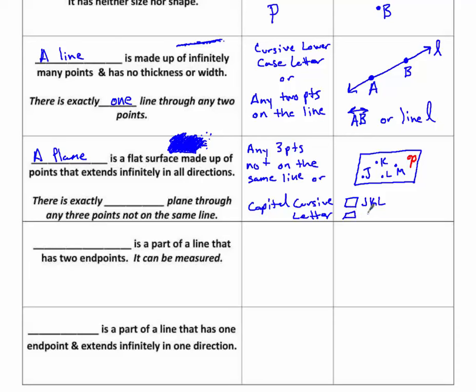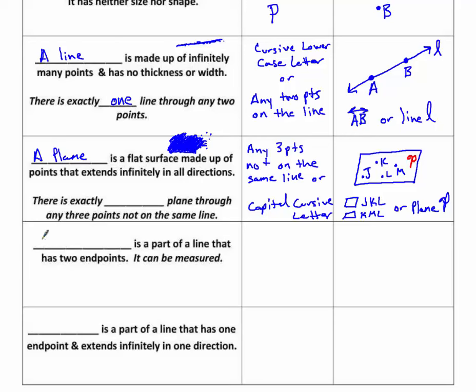We could say that it's plane KML, or any combination of any 3 of those letters, as long as we say that it's the plane that we're looking at. Or we could just call it plane P, just depending on what you have. Some pictures won't have the cursive letter, some pictures won't have 3 points. So depending on what you're looking at determines how you name it.